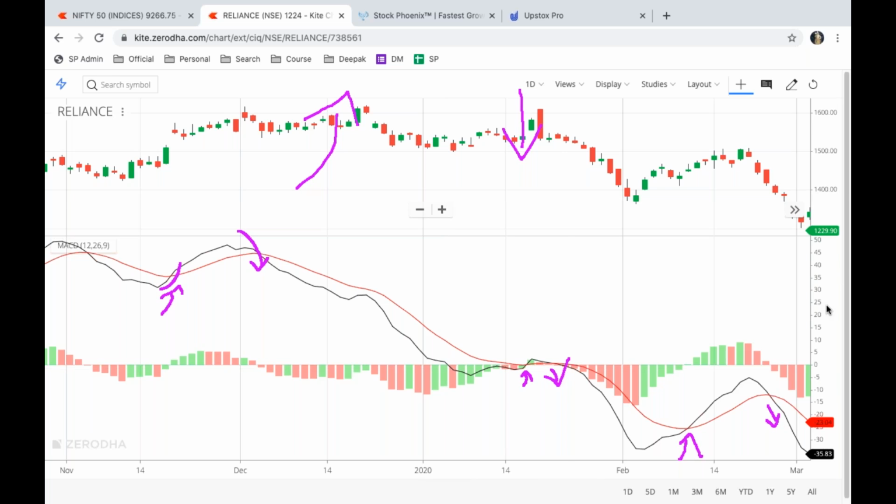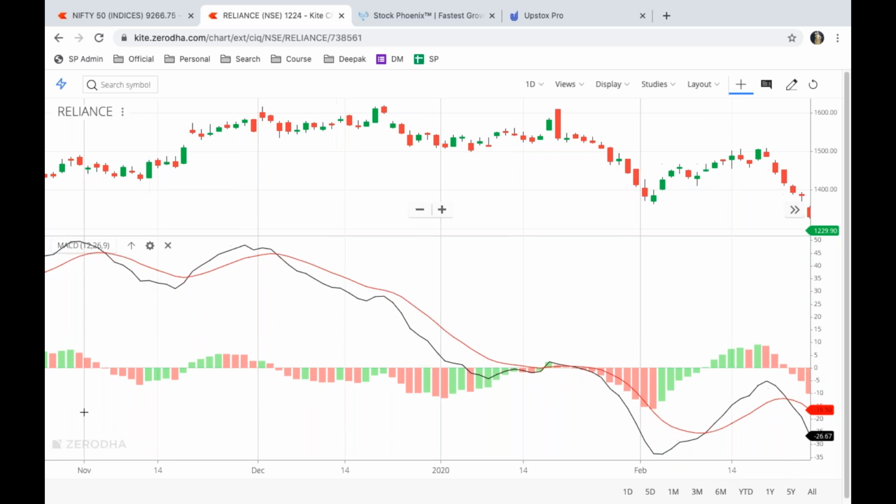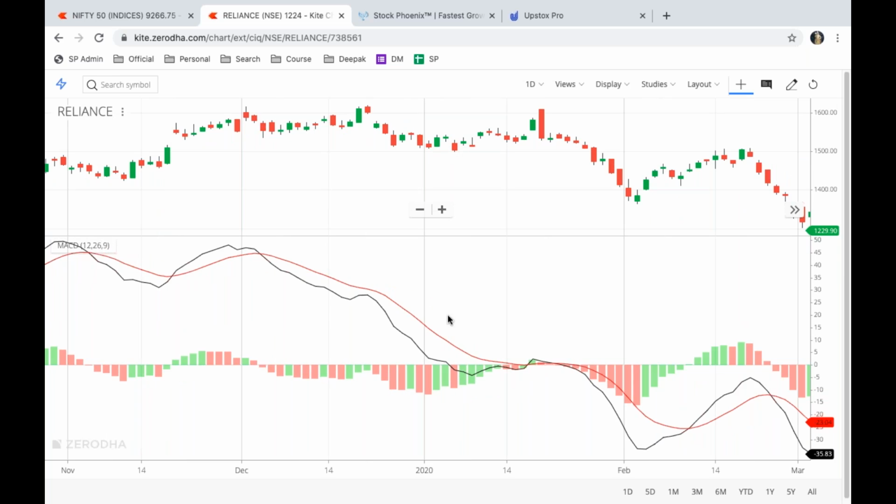There are only two lines, very simple. Forget about everything after adding the MACD indicator. There are only two lines running, and when the black line has a crossover from below to above, this is a buy signal, and when the black line has a crossover from above to below, it is a sell signal.